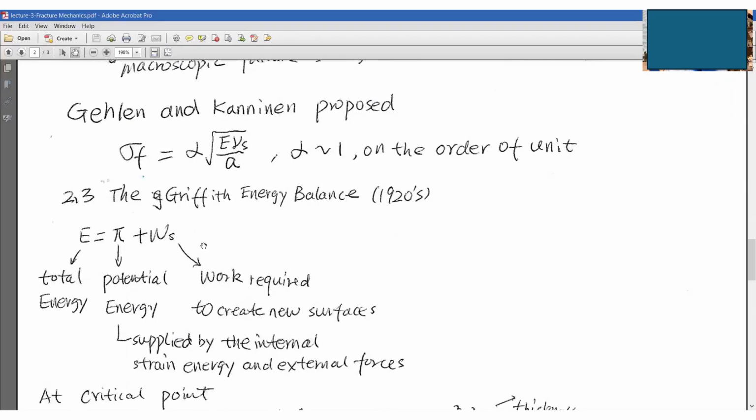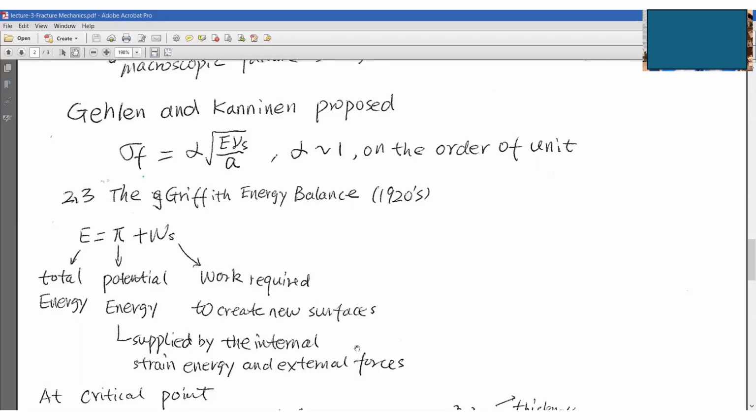Then we talk about chapter 2.3, the Griffith energy balance. Professor Griffith proposed this energy method in the 1920s. The energy balance says that the total energy equals the potential energy plus the work required to create new surfaces.